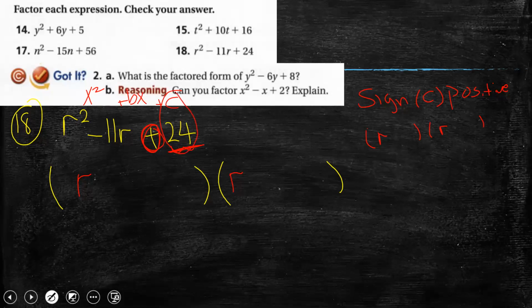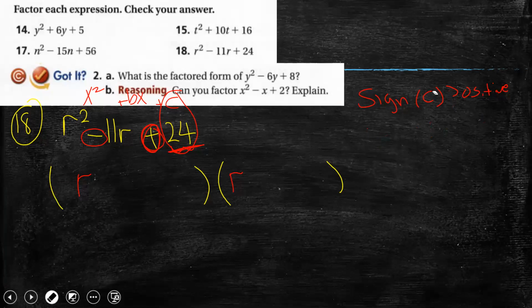Now, since the sign of c is positive and the sign of b is negative, what does it mean? That means I need you to give me two numbers that if you multiply them, you get positive 24, and if you add them, you get negative 11. What do we have to do?